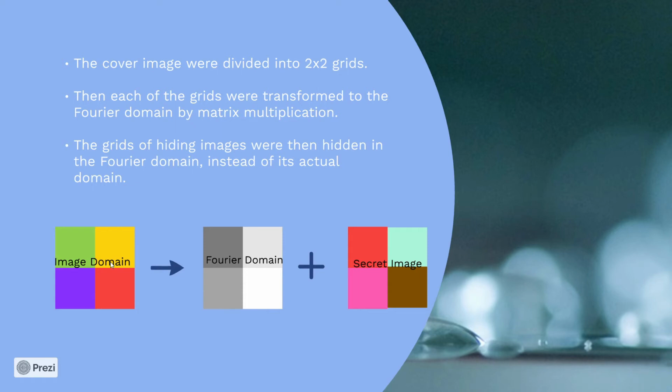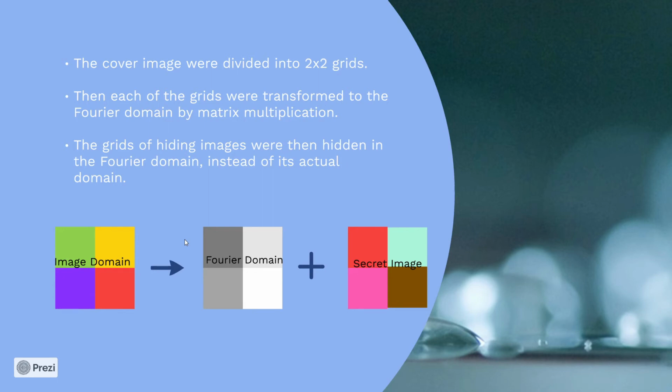Now for hiding the image, we first take one of the 2 cross 2 matrices of the host image. We take its FFT to change it into the Fourier domain. We add the corresponding values of the secret image, or the hiding image, in the Fourier domain, and then we take the inverse Fourier transform of the 2 cross 2 matrix obtained after adding both.